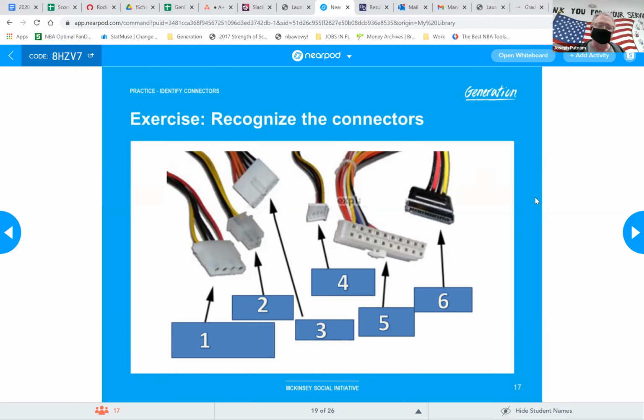Pass, in a holding pattern. Let's go with David. All right, David. Number 2. That looks like, well, it's a 4-pin connector. Could be for a CPU, or it could be a PCIe connector too.